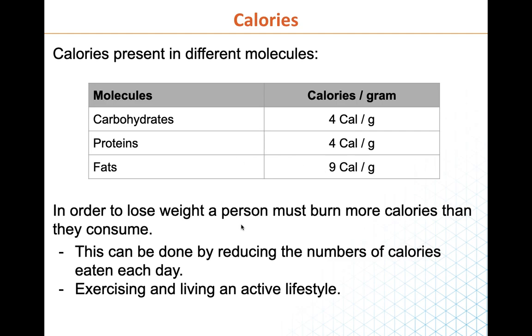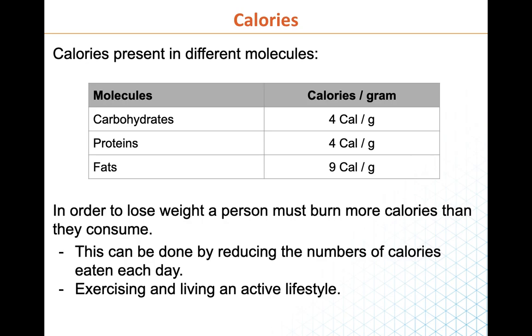So in order to lose weight, you need to burn more calories than you consume. Now, your body burns a lot of calories regardless, just by digesting your food, by making your brain work, by beating your heart, even all of these things that you do just by sitting down all day requires energy, right?